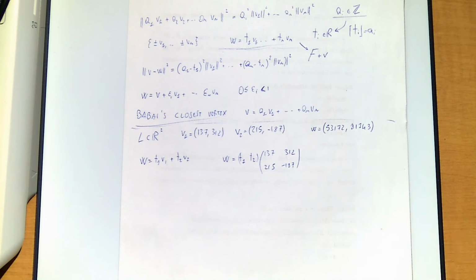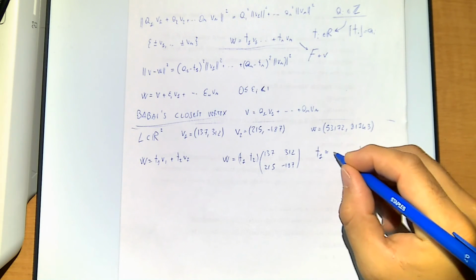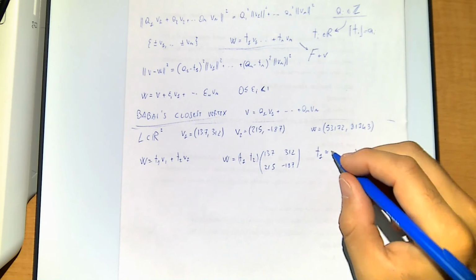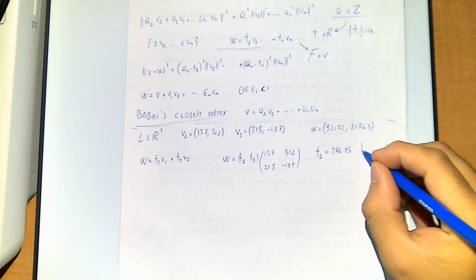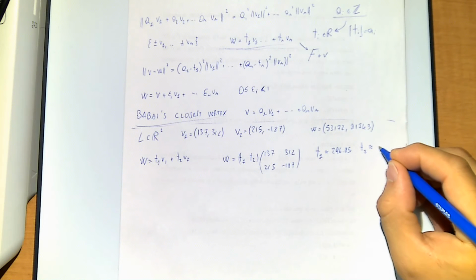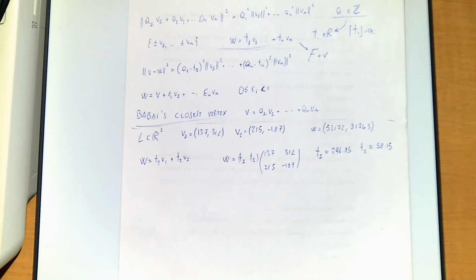It gives you a system of equations, and it's easy to solve. For example, you can invert the matrix, and then you find T1 approximately 296.85, and T2 approximately 58.15. So this is simple linear algebra.